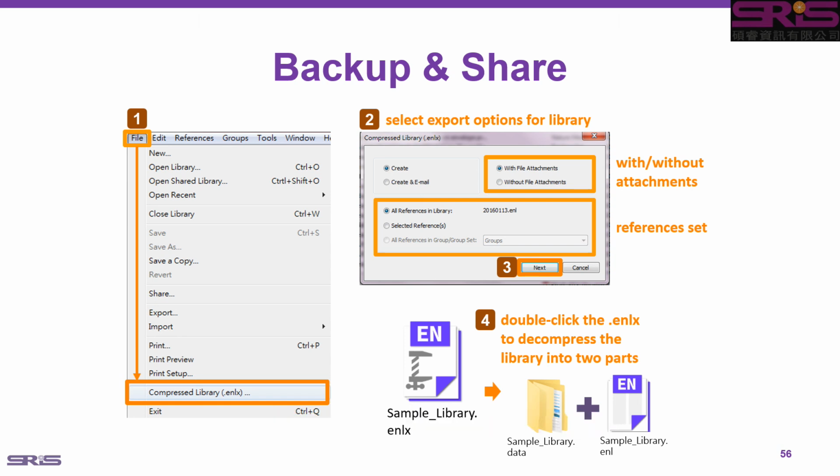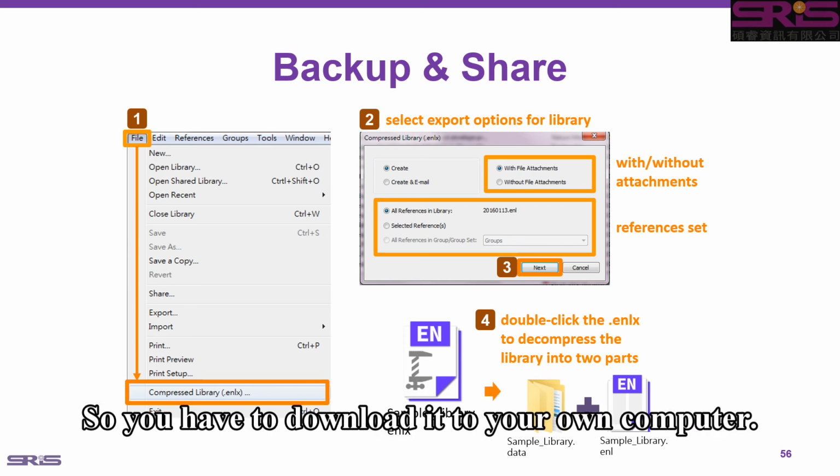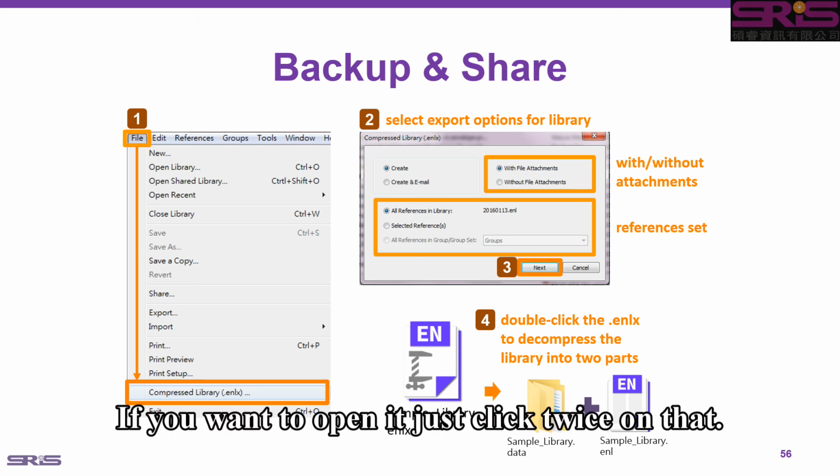But if you want to use it, remember it's an archived or compressed file, so you have to download it to your own computer. Then if you want to open it, just click twice on it.